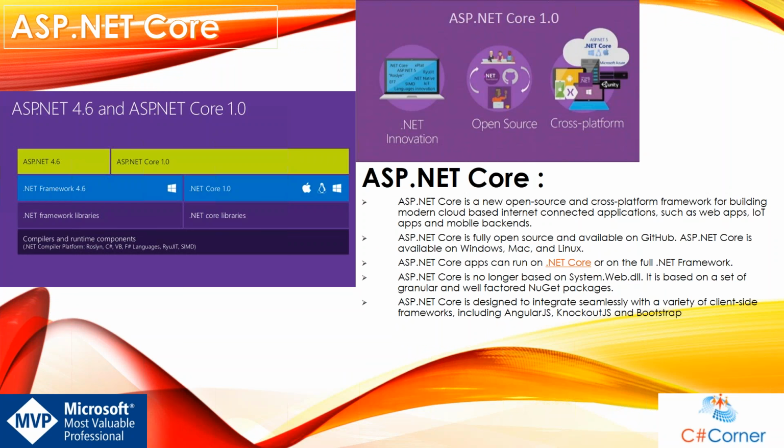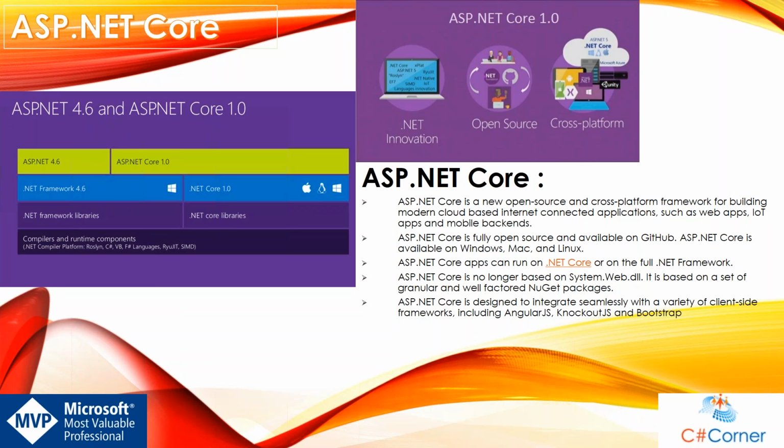So ASP.NET Core, we all know, is open source, and we can download it from GitHub. It also supports multiple platforms, so we can work on Windows, Mac, and Linux. ASP.NET Core has many features, and we can develop web apps, IoT apps, and mobile backend applications, all supported by ASP.NET Core.